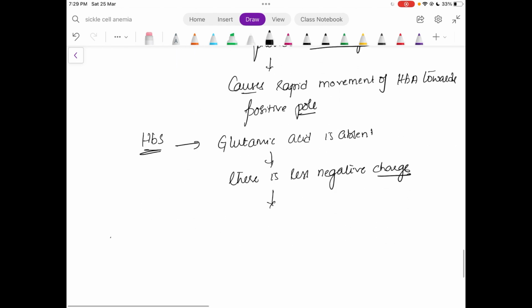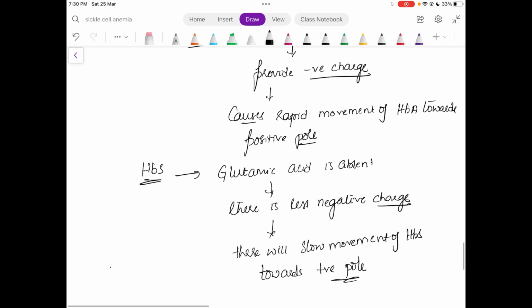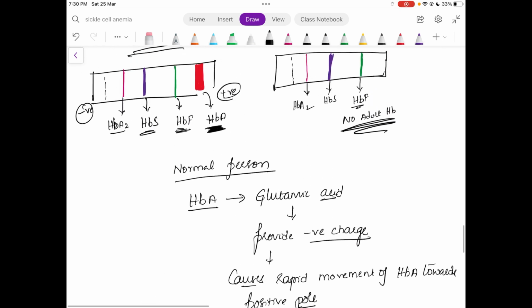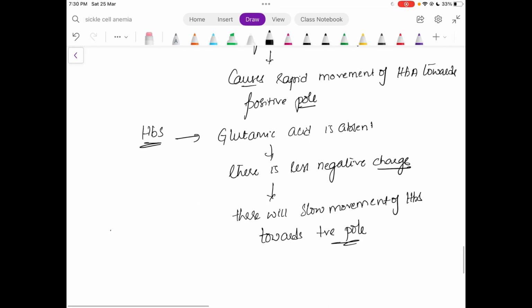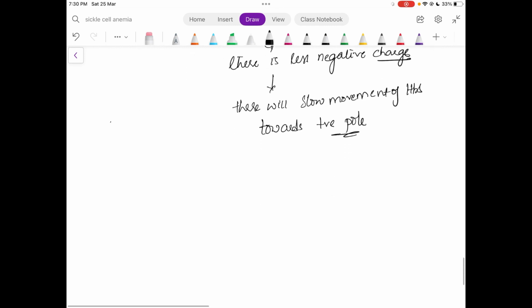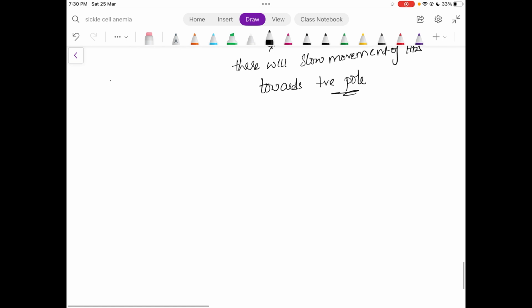Less negative charge means there will be slow movement of HbS towards the positive pole. That's why the movement is slower and we'll have a separate HbS band in electrophoresis. This is the basic mechanism which helps in separation of HbS in a blood sample through electrophoresis.